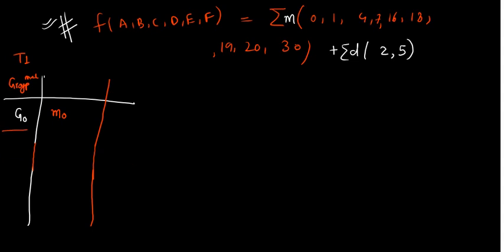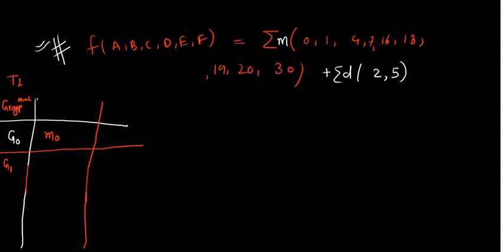So you have group 0 now, you have group 1. Here we generally write the number of ones, right? So that it becomes easier for us.